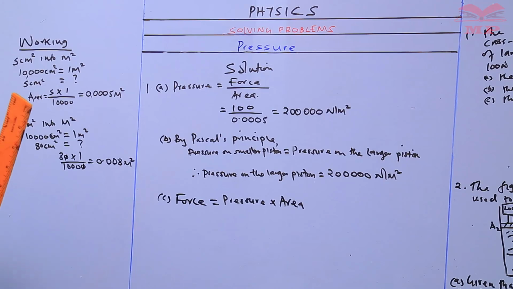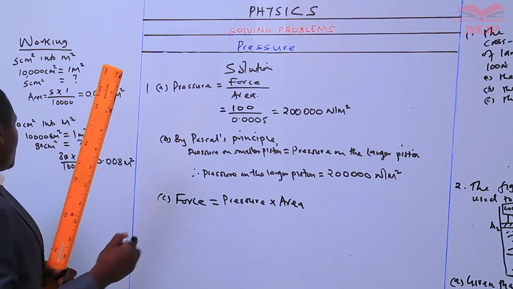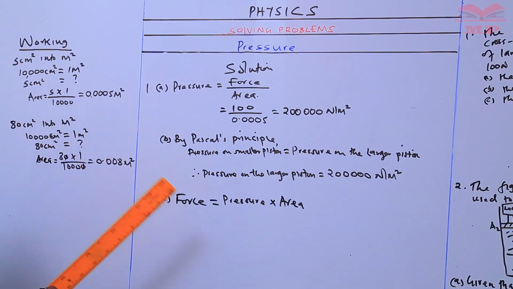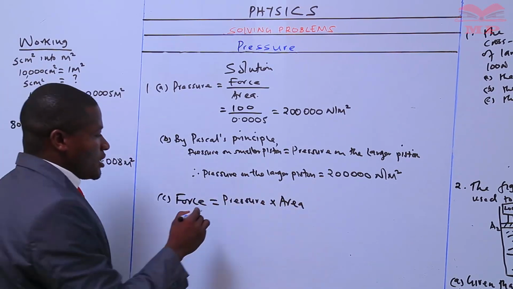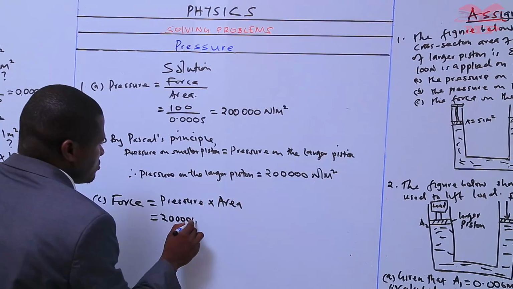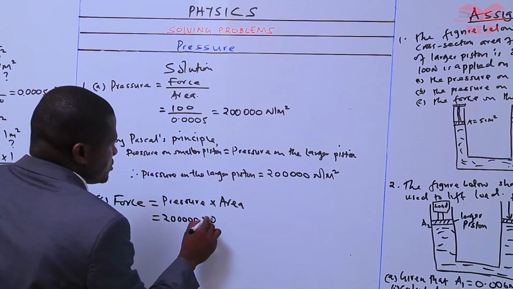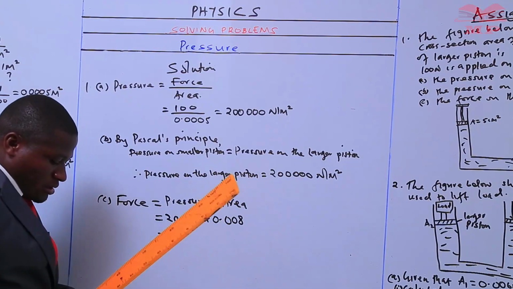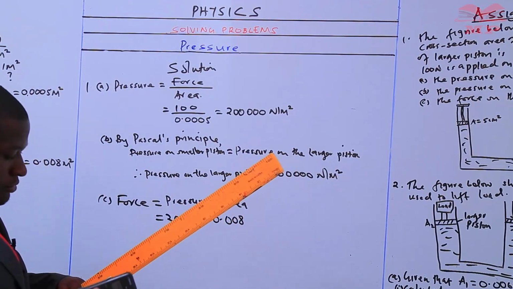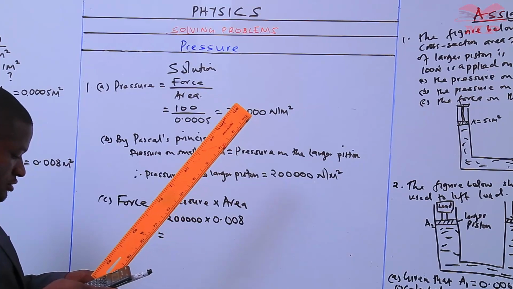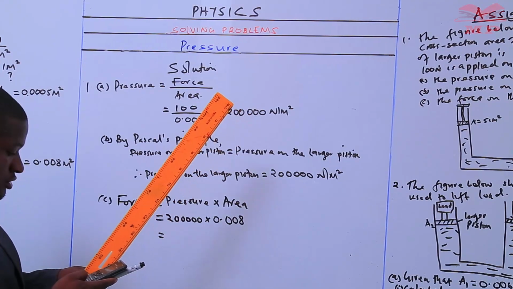That is the area. So we have pressure, we have area. Our pressure is 200,000 times area, which is 0.008.